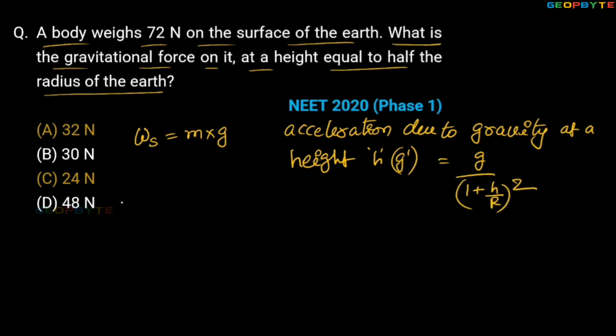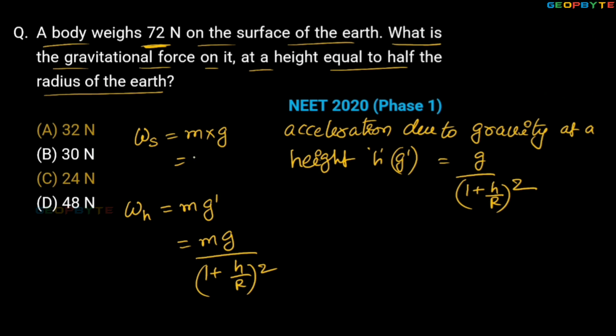Now the weight at a height h equals mass times g dash, which equals mass times g divided by 1 plus h by R whole square. But weight at the surface of the Earth is given as 72, that is equal to mg newtons. So that is 72 divided by 1 plus h by R whole square.